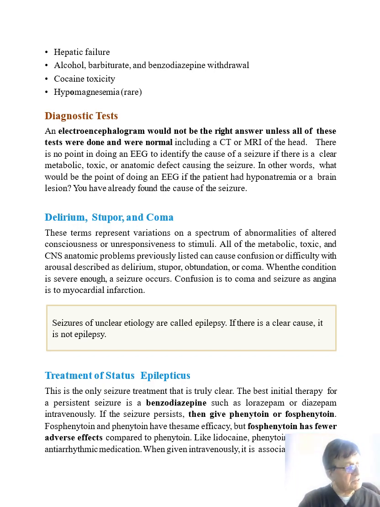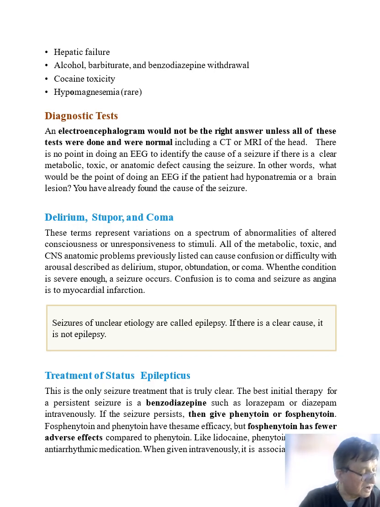Let's talk about treatment of status epilepticus. There is only seizure treatment which is truly clear. The best initial therapy for persistent seizure is benzodiazepines such as lorazepam or diazepam IV. If the seizure persists, then we need to give phenytoin or fosphenytoin.